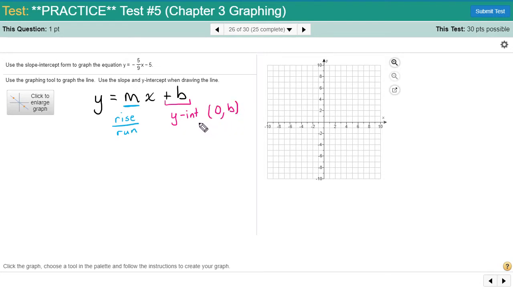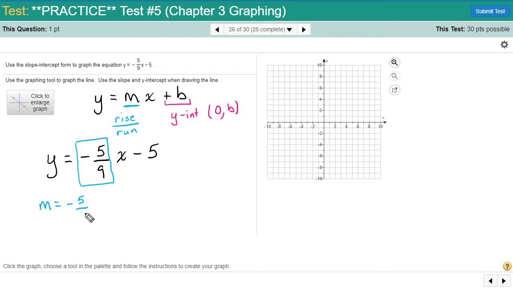Now, we plotted equations that were in slope-intercept form a few questions back. And we talked about the first thing you always do when graphing in slope-intercept form is to plot your y-intercept. So if we're looking at the given equation, y equals negative 5 over 9x minus 5, we can identify that our slope for this particular line is negative 5 over 9, which means we're going to fall 5 units and run 9 units.